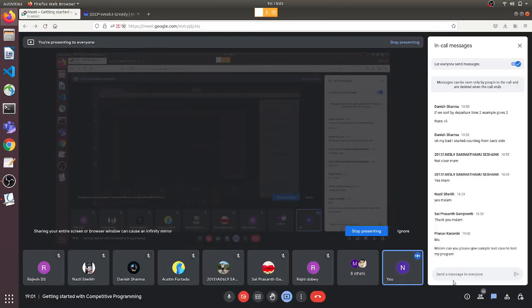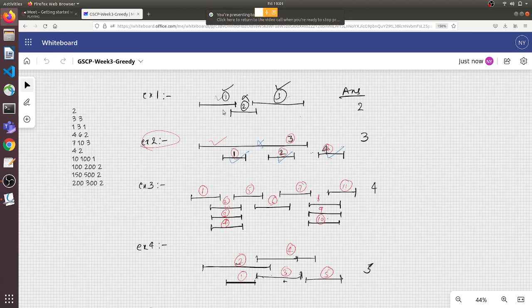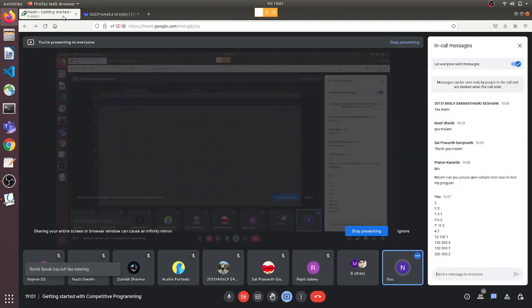I will also recommend that from all of these examples that I've written here, 1, 2, 3, 4, you make some examples to test. If you want, later I can provide some more examples.